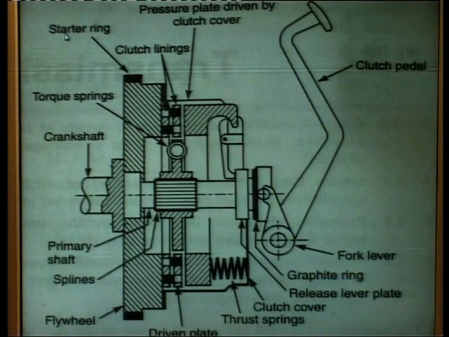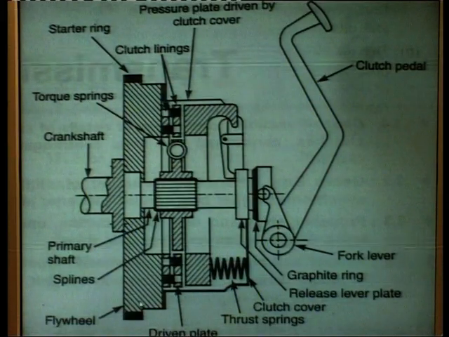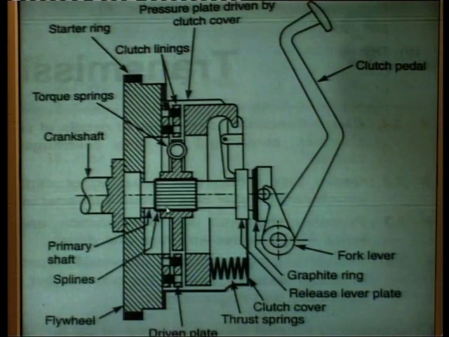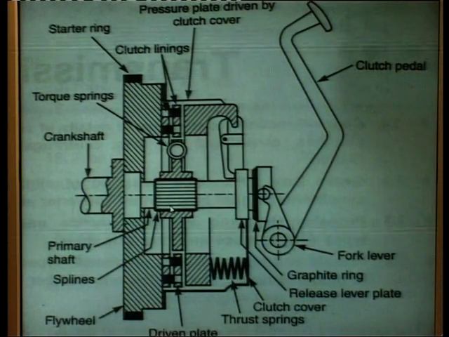This is the starter ring, that is a gear type. Then there is the primary shaft, this one. Then splines: the shaft has external splines and the clutch plate has internal splines.